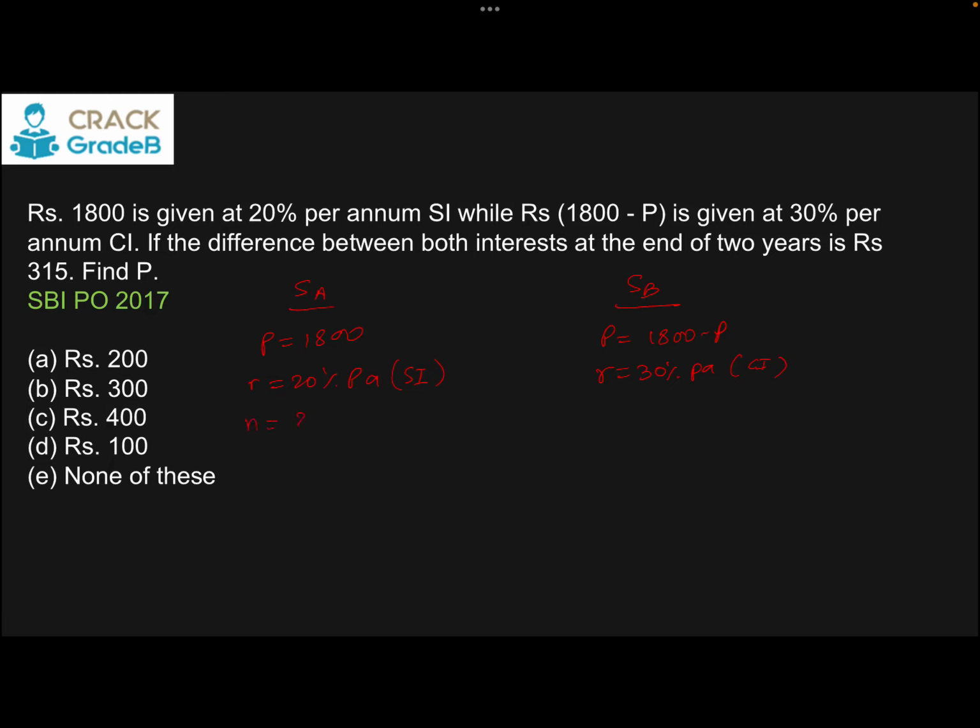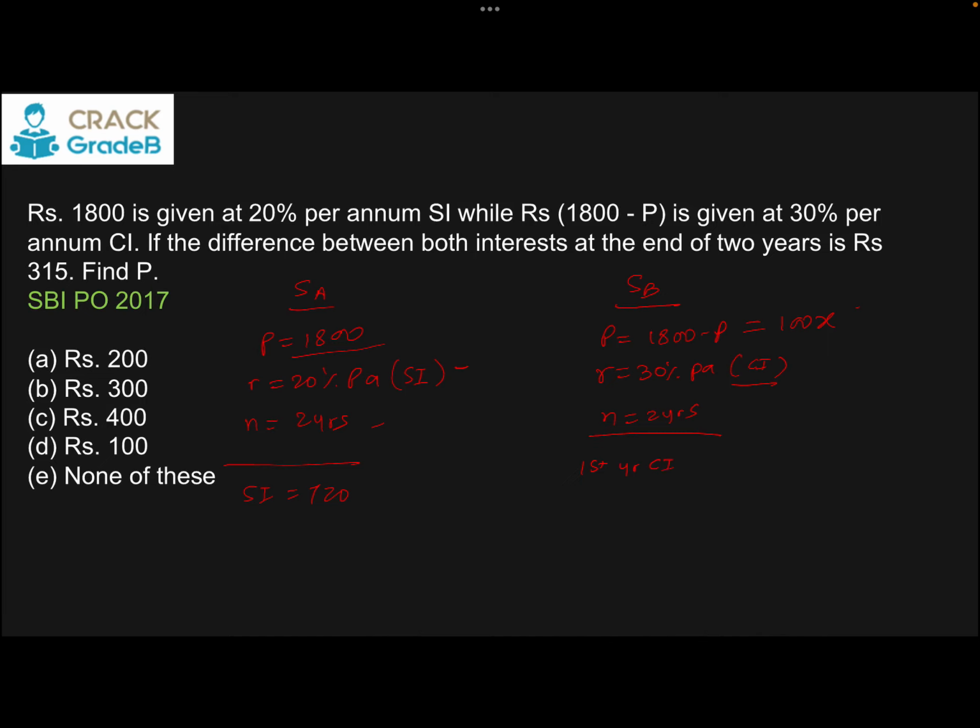So here we'll have to calculate, number of years is 2 years and number of years is 2 years. Here we'll calculate the simple interest very easily. It will be 20 into 2, 40% of 1800, that is going to be 720 rupees. In case of compound interest, we have to calculate the first year compound interest. So what I'll do is, I'll consider this as 100x.